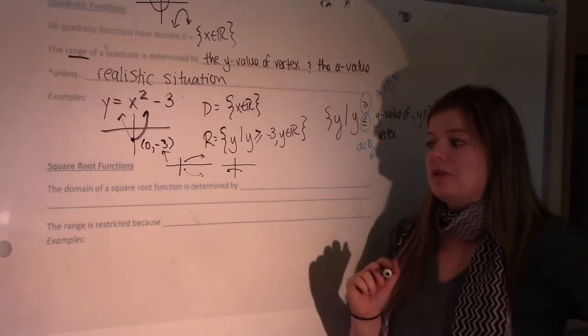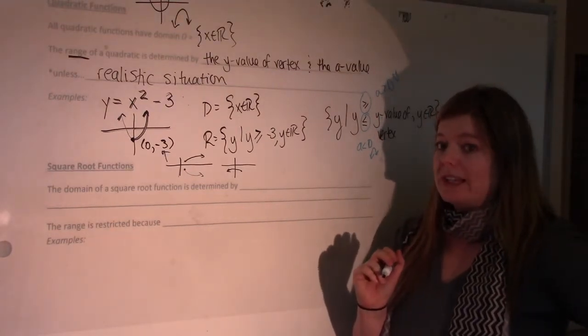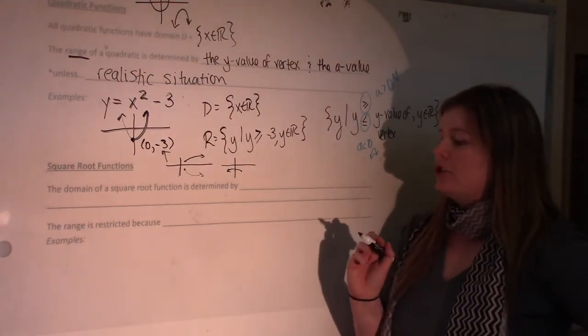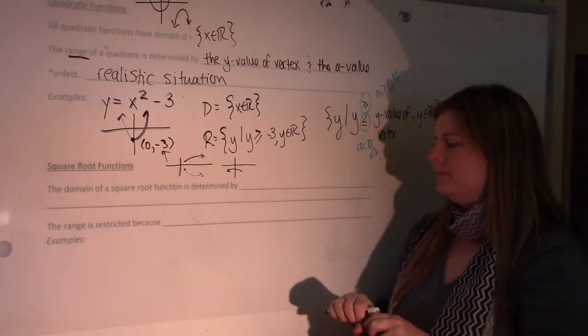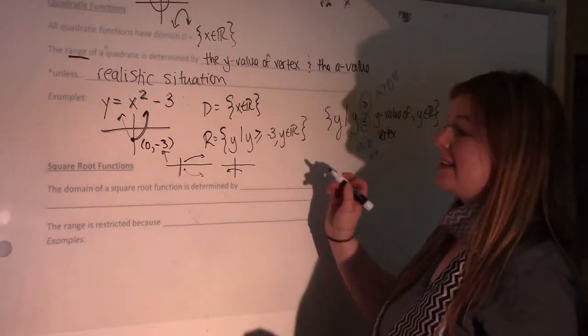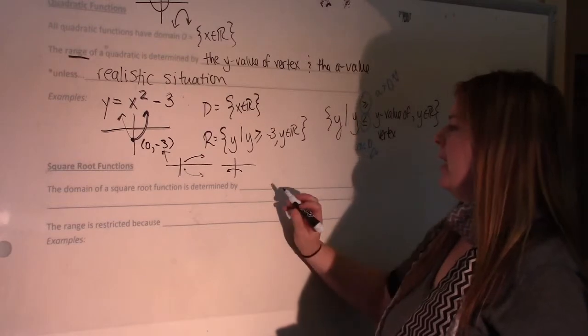So that means that the domain of a square root is restricted. It can't be anything. So it's determined by what is underneath the square root. Okay?